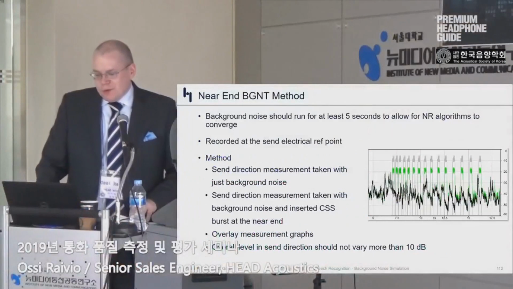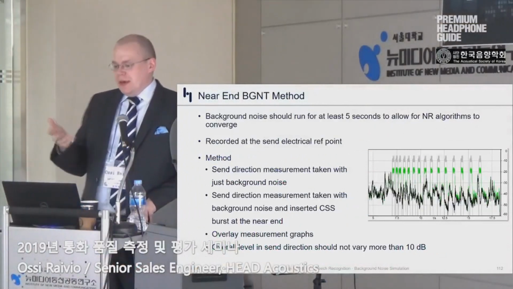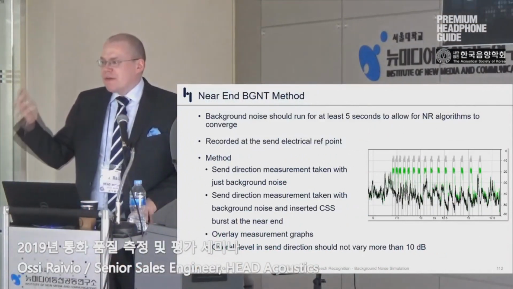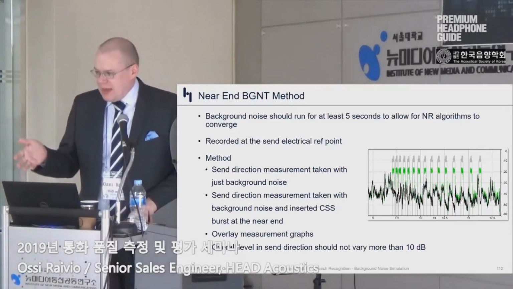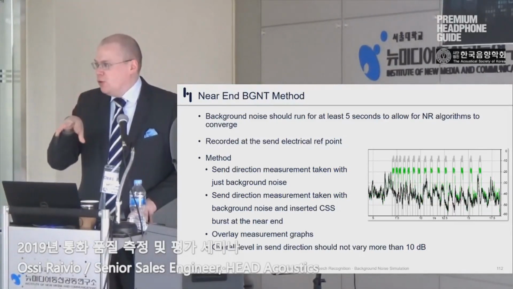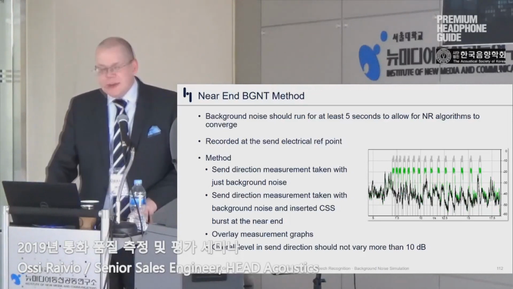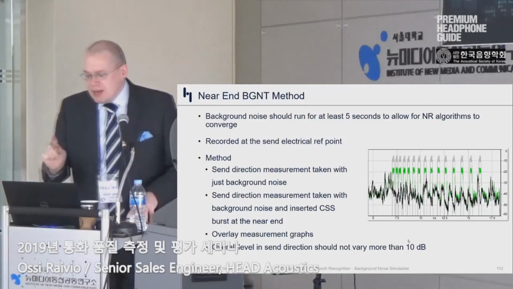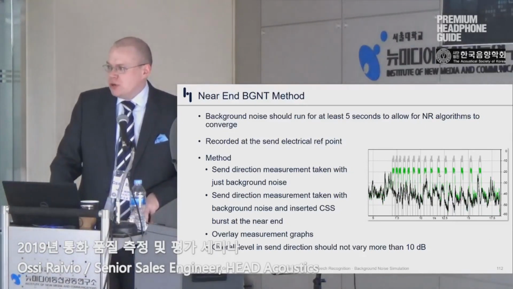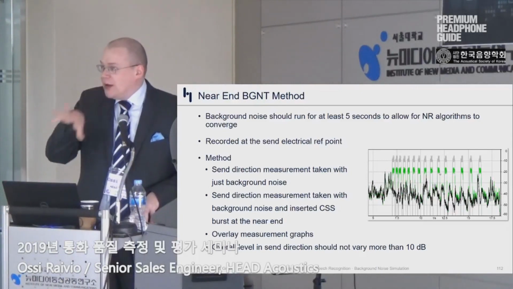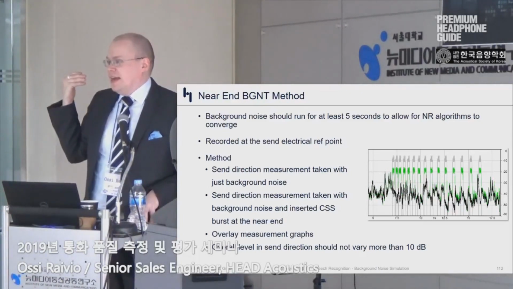Yeah. So the other test that we do here is the background noise transmission with near end, which is otherwise the same, but it is the dummy head who is talking. And the big difference here in the interpretation is that we are not looking at what happens during the speech, because of course, when the dummy head is talking, the device is sending that.